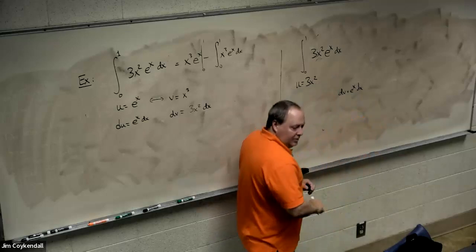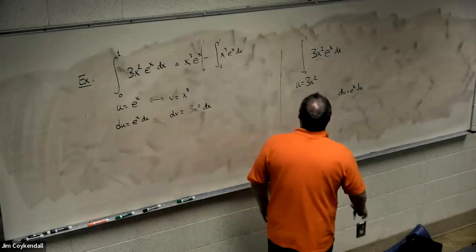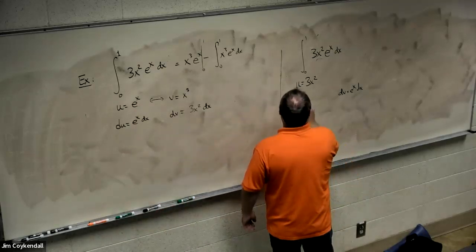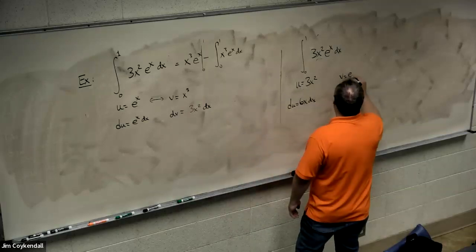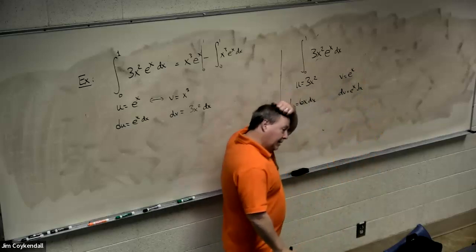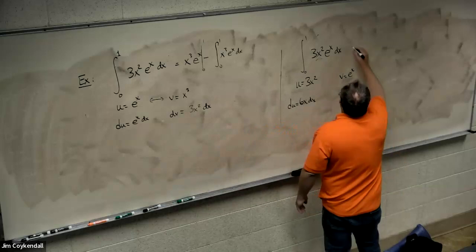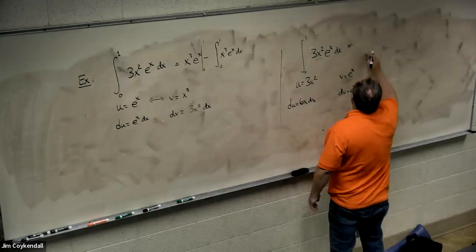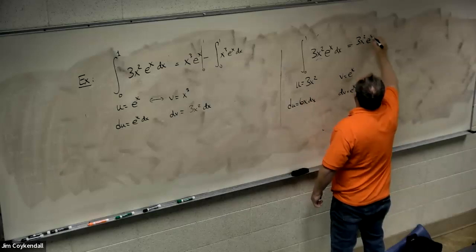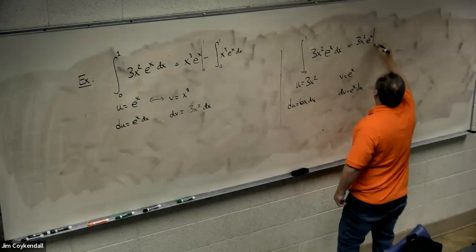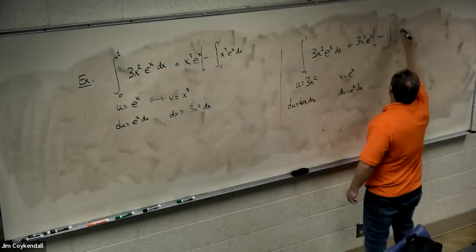Let's try these. Again, we'll put it back together. Now, this gives me 3x squared e^x minus, cross that, 6x e^x.